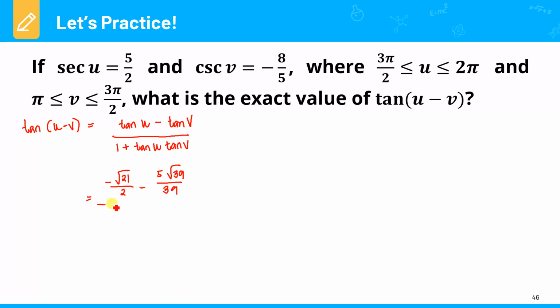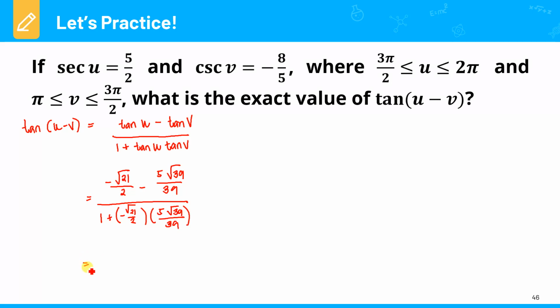And the same for our denominator. So you have 1 plus negative square root of 21 over 2 multiplied by 5 square root of 39 over 39.